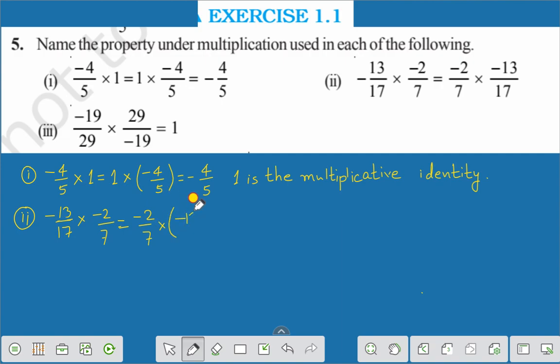Here we have used the property of commutativity, C-O-M-M-U-T-A-T-I-V-I-T-Y.